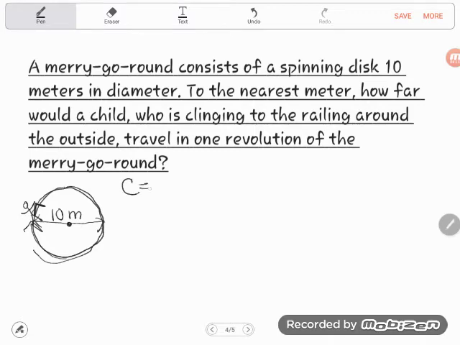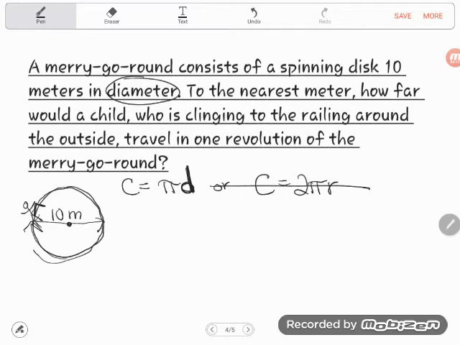And again, we have those options. I can use c equals pi d, or I can use c equals 2 pi r. Well, this one time I have the diameter. So guess what? This time I'm going to use the formula with the d in it. Again, you could use the other one. It would just take more work because then you would have to figure out what the radius is based on the diameter.